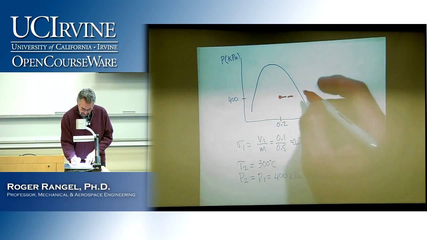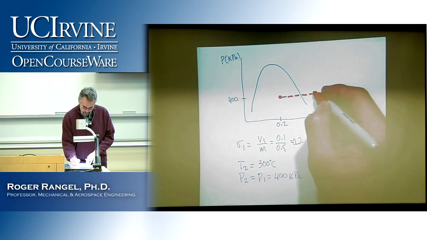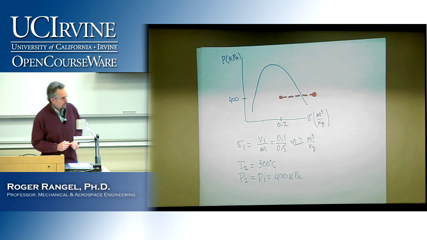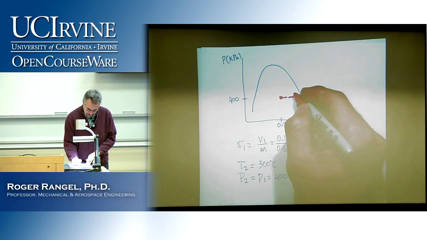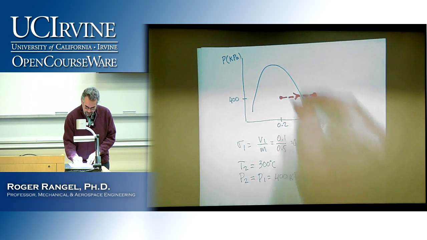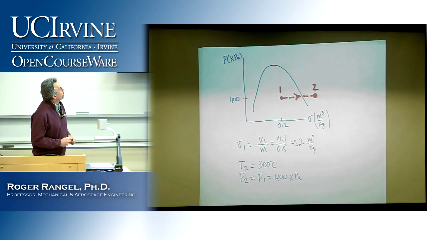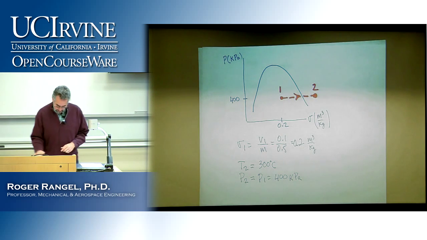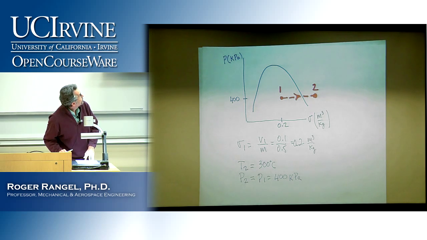So that means that as far as the figure is concerned, we know that we have to go past the saturated line, and if this was 1, then this is 2. Okay, so the rest is fairly straightforward.